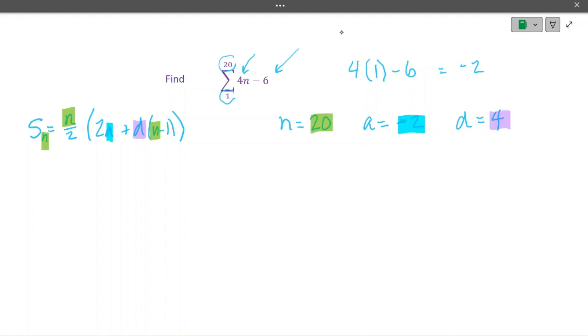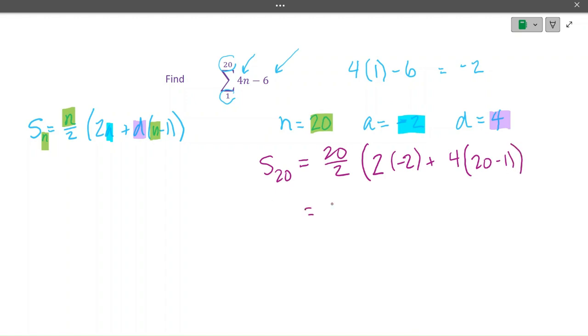And everywhere I see d, I'm plugging in 4. Okay, so let's do this. I am finding the series of 20 terms. So 20 divided by 2, times 2 times -2 plus d times 20 minus 1. And then I'm just going to simplify this so when I put it into my calculator, it's a little easier.